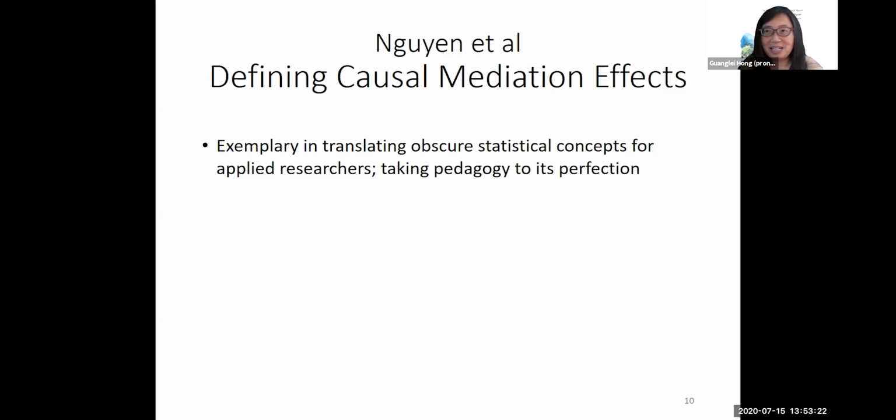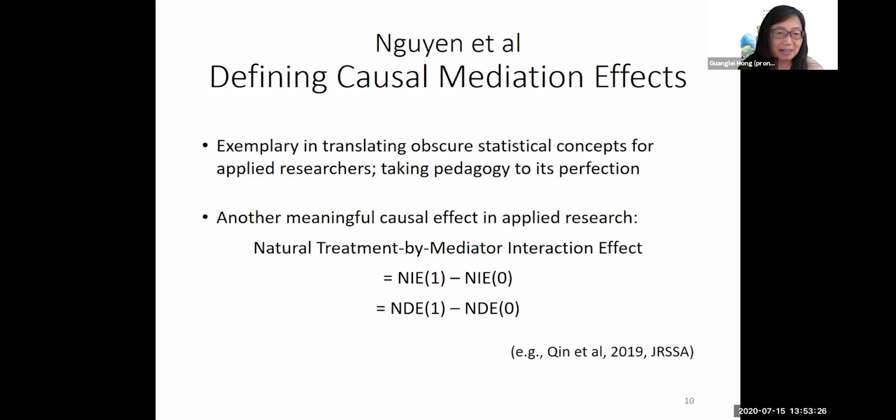Unfortunately, I missed part of your talk, so my discussion will be based on your paper. First of all, a relatively minor point is I think you could add another meaningful causal effect that people could focus on in applied research. We call it the natural treatment by mediator interaction effect, which is the difference between the two NIEs, which is also equal to the difference between the two NDEs.